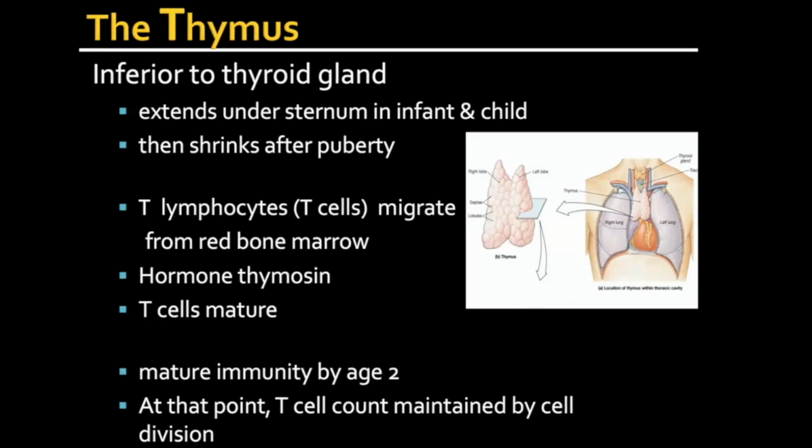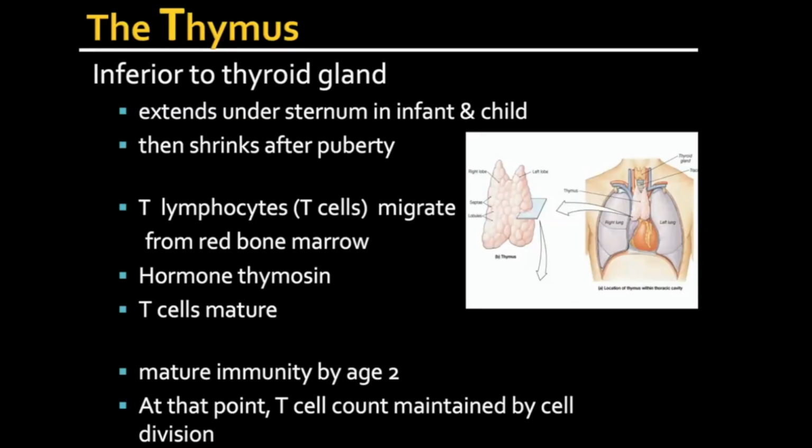But T cells, which are made there, go to the thymus gland to mature. And they're our first defense against infection, T cells. So they migrate from red bone marrow where they're made, and then they go to the thymus to mature, and then they're released.